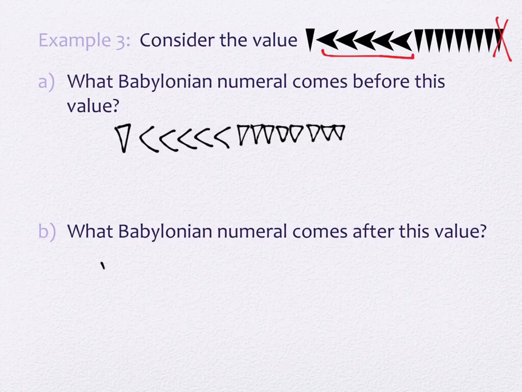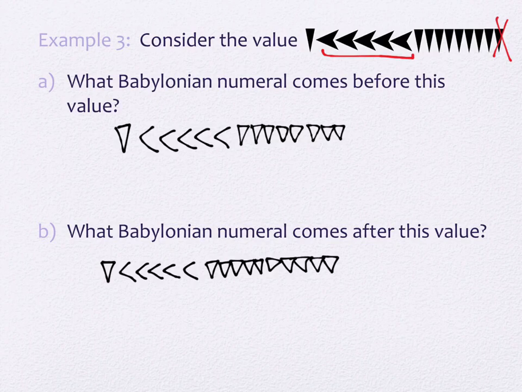So we have our triangle and our 5 arrows, and then we have ten of those triangles. We just put an extra one in. But all of these change to become an arrow. But that means I now have 5 arrows, because there's 10 here, and now there's 5 arrows.